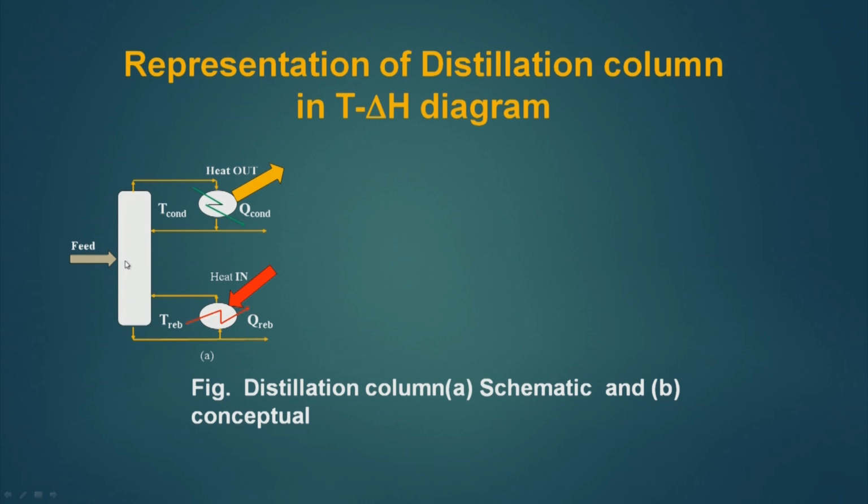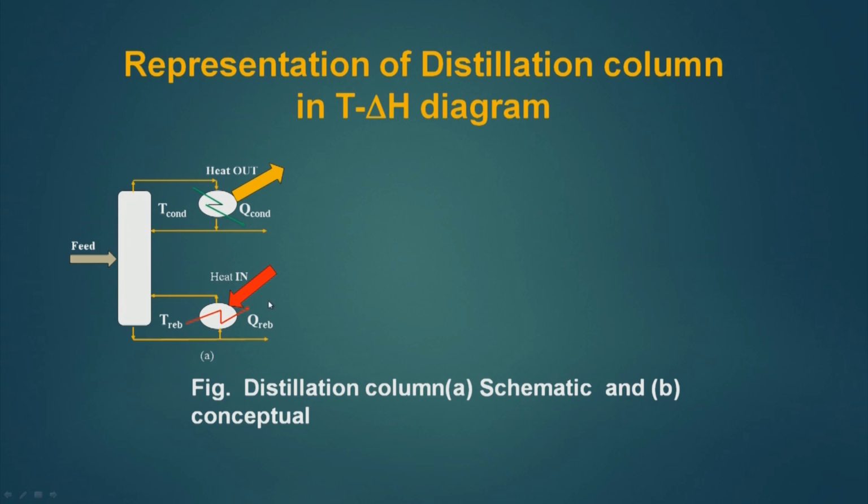The feed is added to the distillation column here, and then the vapor goes here, it is condensed and heat is given out here, and the condensate is returned back to the distillation column as a reflux, and some part of it is used as a product. So, we have product 1 and product 2 here, and this is the reboiler where heat goes inside it, that means this is a sink, and the condenser is a source where heat goes out.